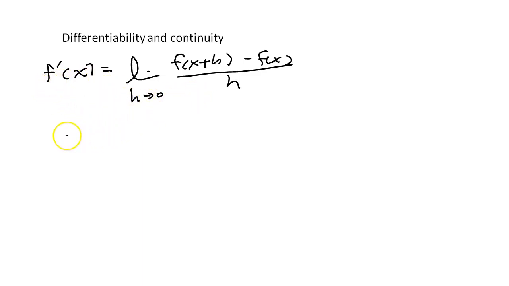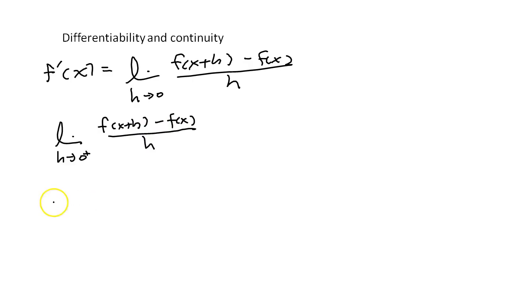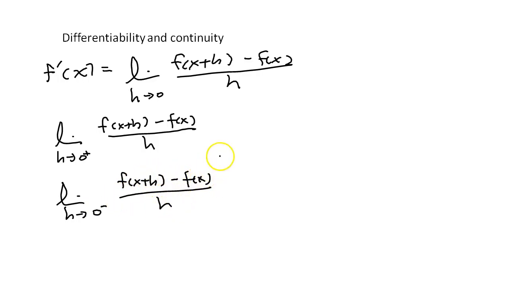Now, in order to make that more clear, I want to define two limits, the left and right limits of this. So let's write down the limit as h goes to 0 plus of f of x plus h minus f of x over h, this is the right limit, and also the left limit, which is the same expression as h goes to 0 minus.